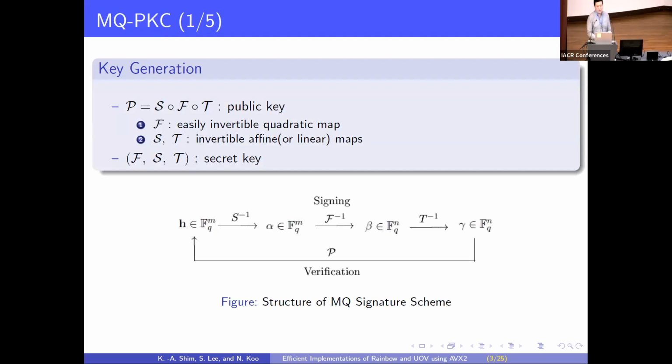For key generation of MQPKC, let F be an easily invertible quadratic map and S and T be invertible affine maps. Then P, which is computed by S circle F circle T, is the public map, and F, S, T are secret maps.